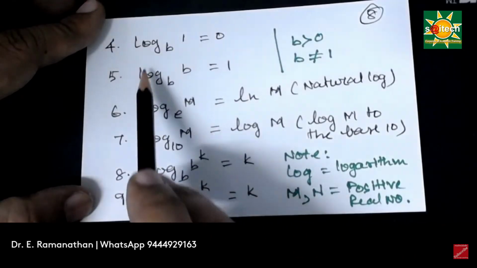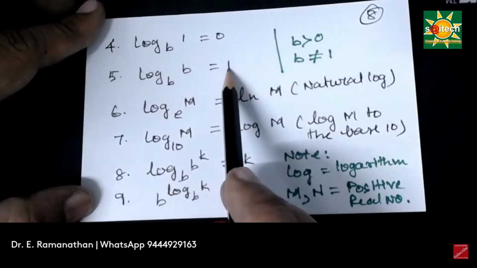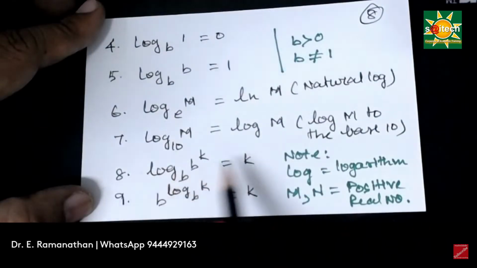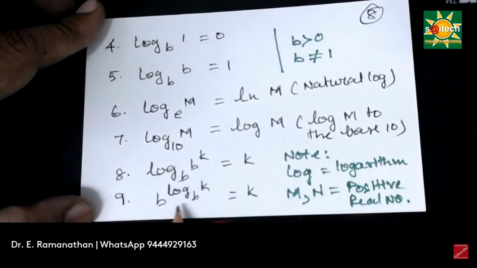We already know log b to the base b is equal to 1. So k into 1 is equal to k. Then b power log k to the base b is equal to k, because the exponent and the logarithmic terms are inverses.